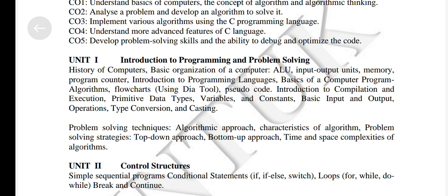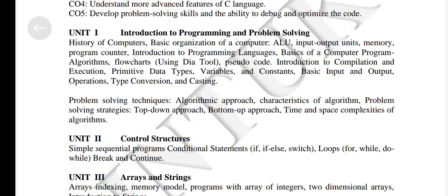Primitive data types, variables and constants, basic input and output, operations, type conversion and casting, problem solving techniques, algorithmic approach, characteristics of algorithm, problem solving stages, top-down approach, bottom-up approach, time and space complexities of algorithms.